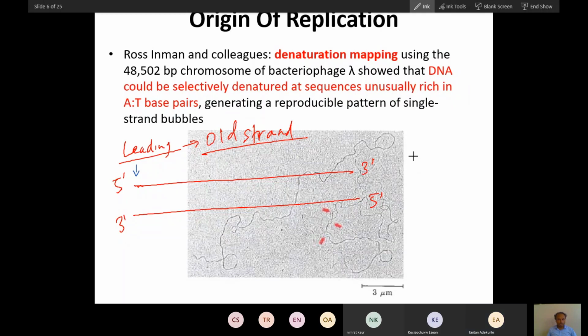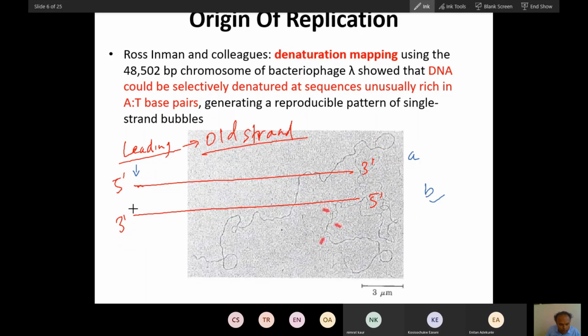This is A strand and this is B strand. B should be leading strand. Yes, you are right. B should be leading strand.